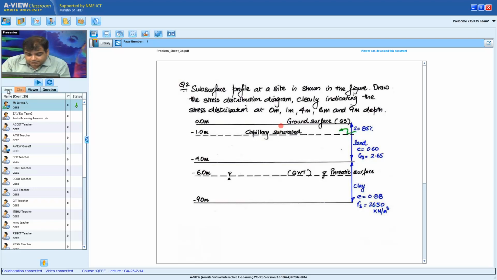So from there to there, the soil remains partially saturated with a degree of saturation of 85%. And you're asked to find out what is the stress distribution at 0 meter, 1 meter, and so on. Okay, let's solve this.